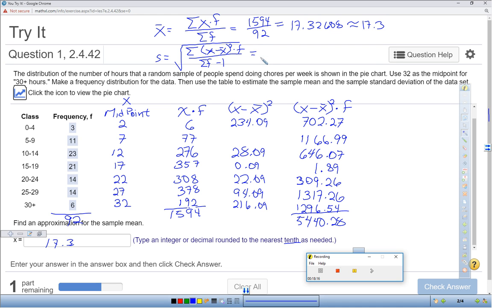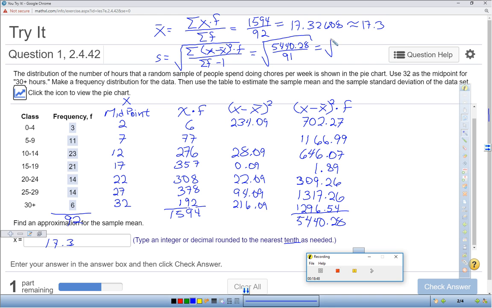So this is going to be the square root of 5440.28 divided by the sum of the frequencies, 92, minus 1, which is 91. So we need to divide this by 91. 5440.28 divided by 91 gives me 59.78.